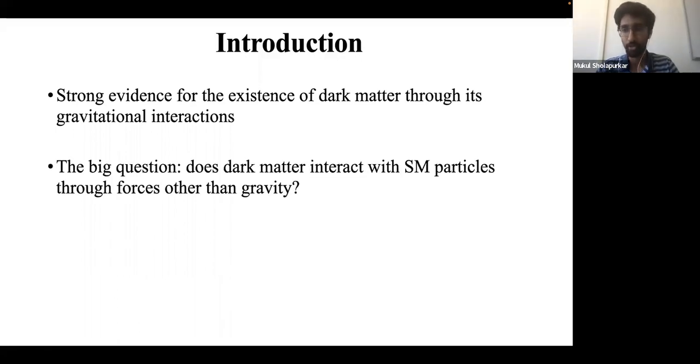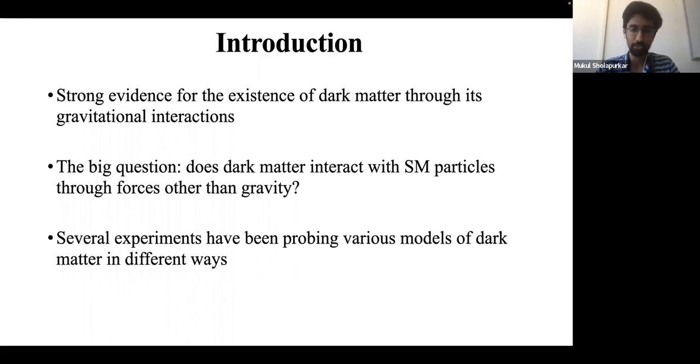So naturally the big question is, does dark matter interact with standard model particles through any forces other than gravity? Several experiments over the last many decades have been trying to answer this question in a variety of ways.